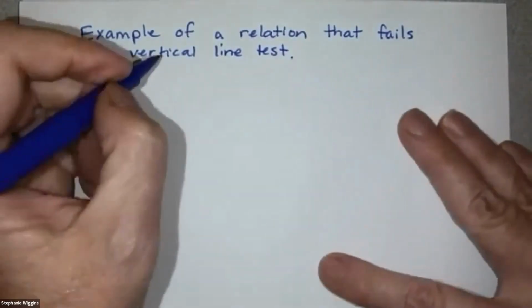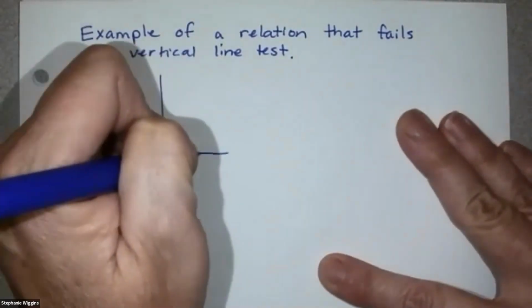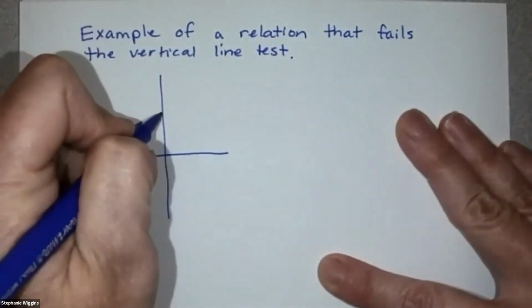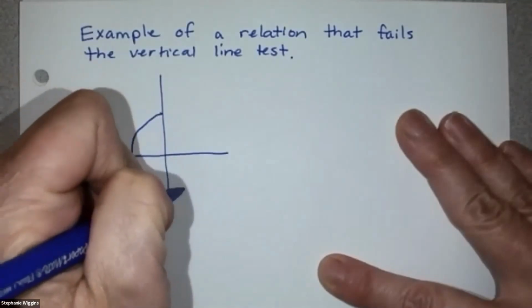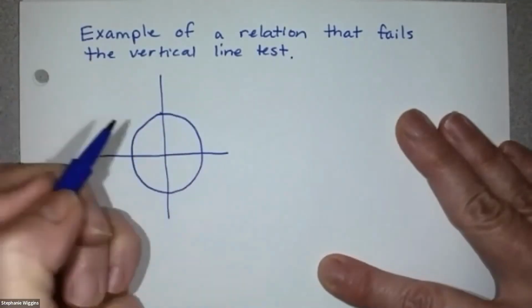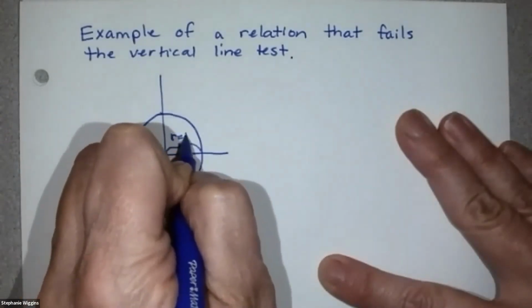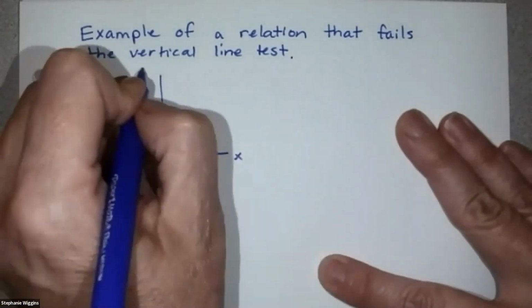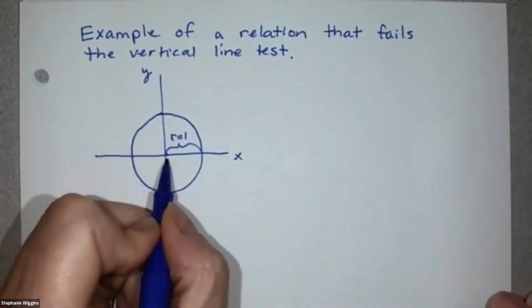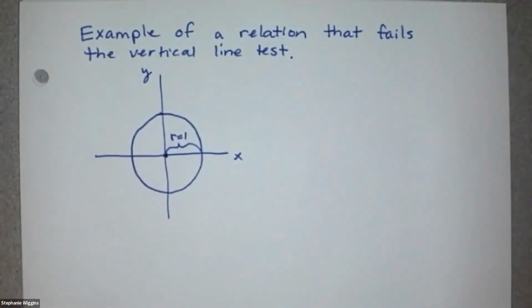All right, so here I'm going to draw a circle. Let's just say it has radius 1, centered at the origin, okay? And that obviously fails the vertical line test.